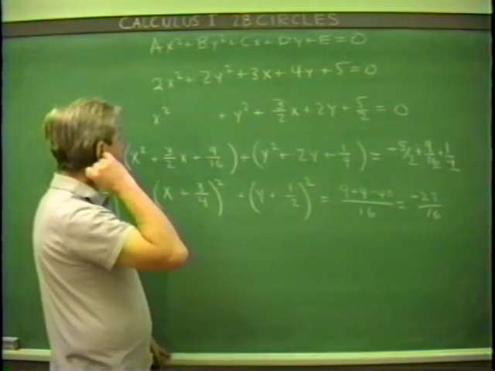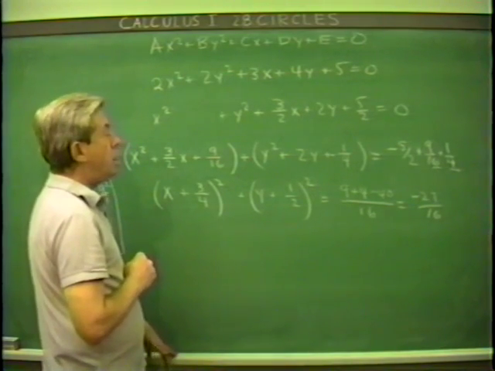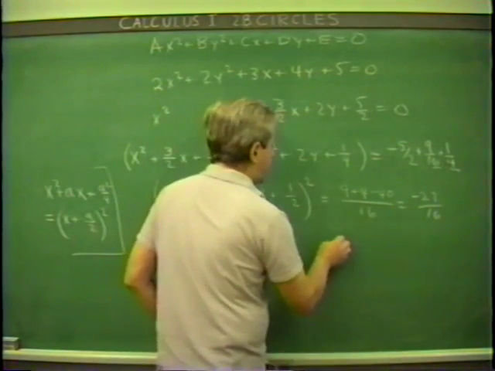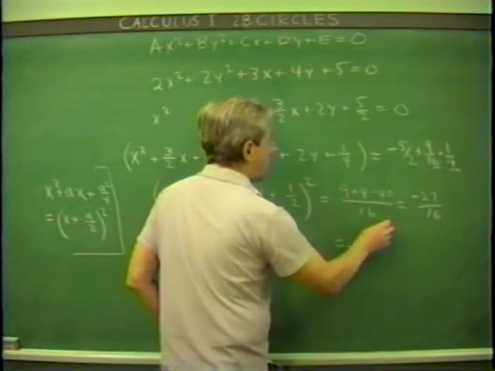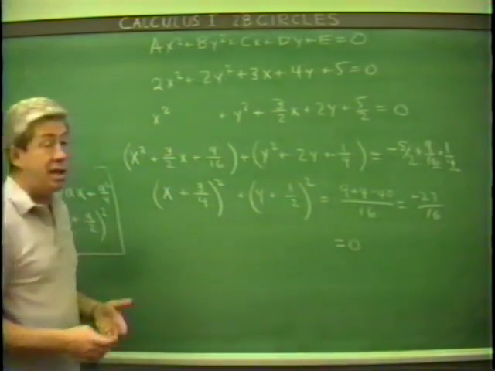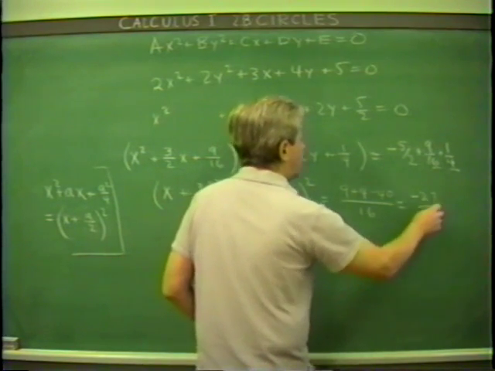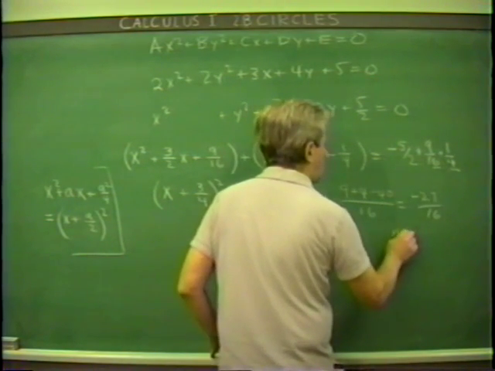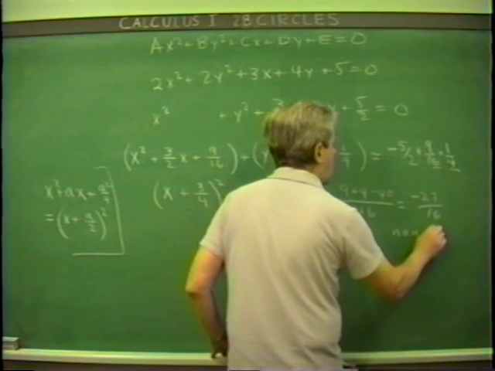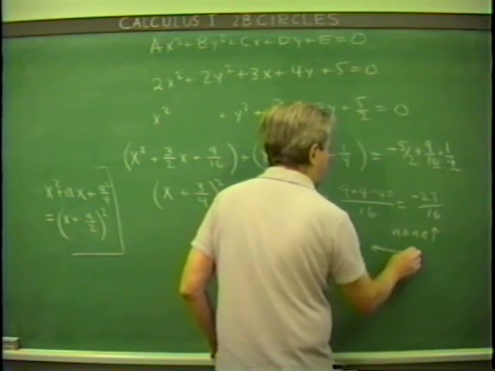If we ended up with 0 over here, instead of minus 27/16 when we solve this equation, then there would be a solution. So here we have no solutions. Here we're going to have 1.